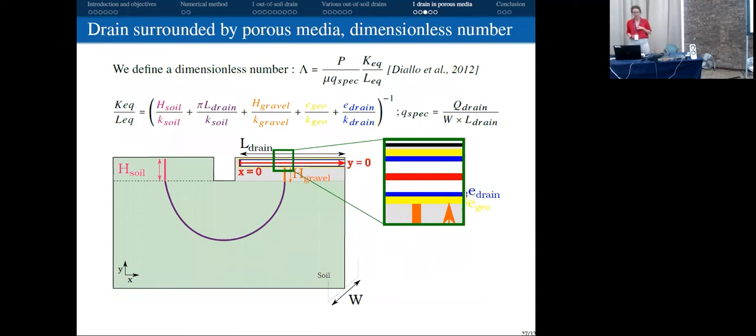So to find this relationship, we determine a dimensionless number, lambda, as the pressure over the viscosity and the flow rate multiplied by an equivalent permeability over an equivalent length. So the idea is to divide the system into subparts, and each part has an easy airflow path to compute the equivalent permeability over the equivalent length.